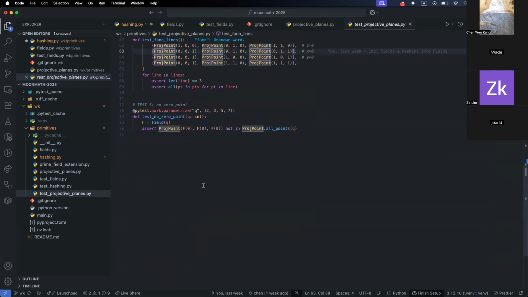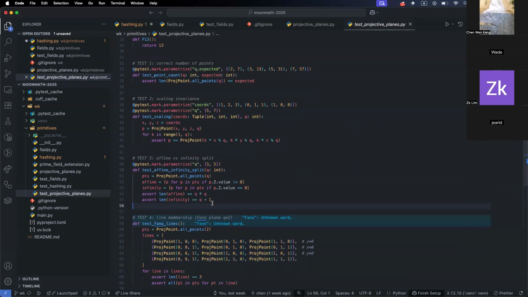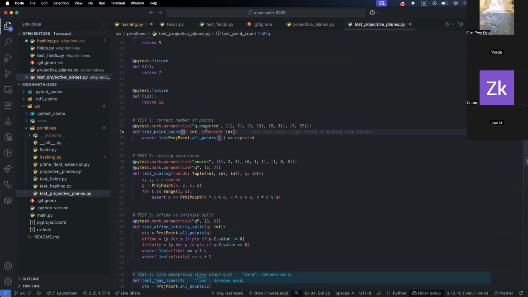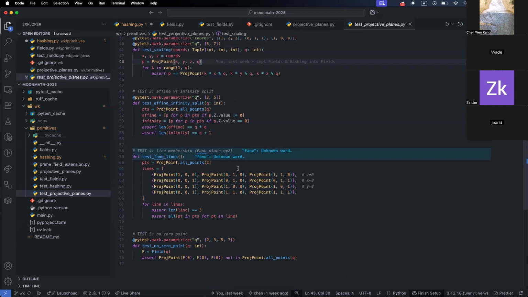So these are all tests. You use it to test if they are all correctly generated. Here I'm just trying to get all the possible points. Here I'm trying to see if it correctly works with the coordinates I provided, and this is the order itself, and so on, right?